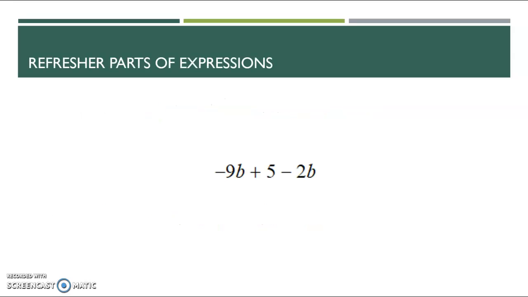So let's do a quick refresher on the parts of expressions. So remember, expressions are made up of terms. Each of these is a term, right? So all three of those are terms.